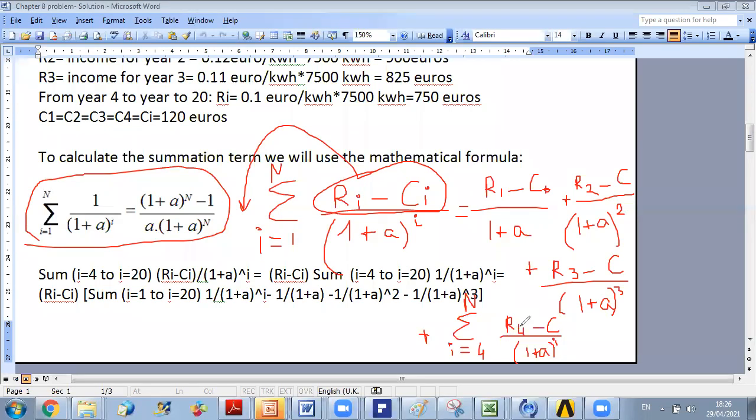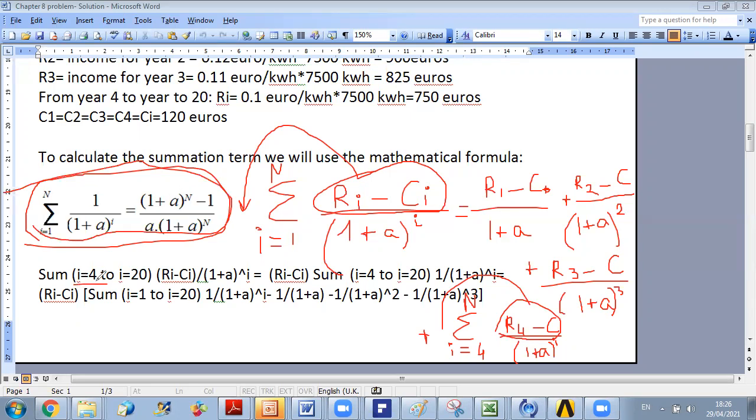Since R4 minus C is constant, I can take it outside of the summation. What I should compute now is the summation from 4 to n of 1 over (1 plus a) to the power i. I can use a small mathematical trick, because the formula is valid if I start from 1. If I don't start from 1, I cannot use this formula, and here I'm starting from 4.